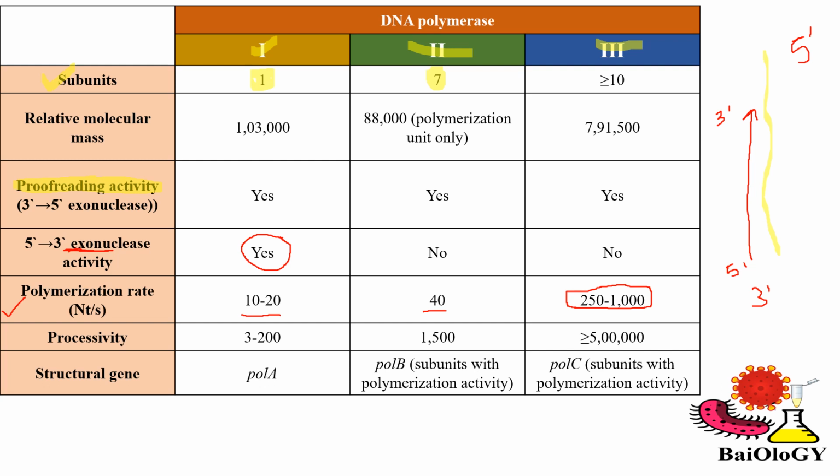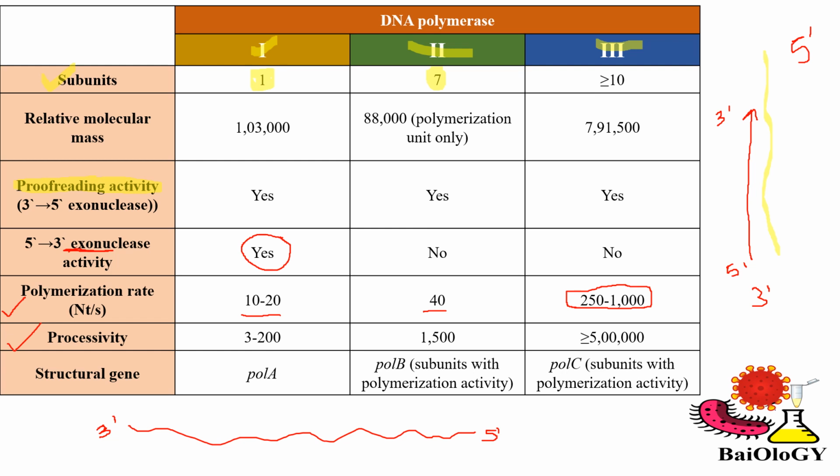So the next characteristic is the processivity. First I'll tell you what this word means. Processivity means, like, this is a DNA strand which is getting replicated. This is the 3 prime and this is the 5 prime, and this DNA is the template, the parent DNA.